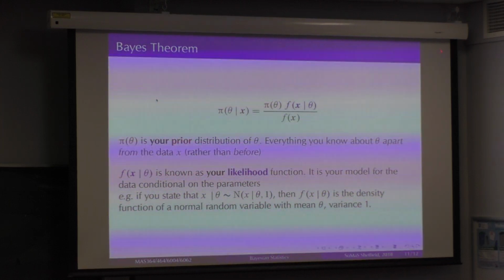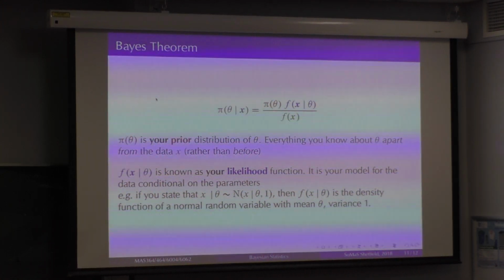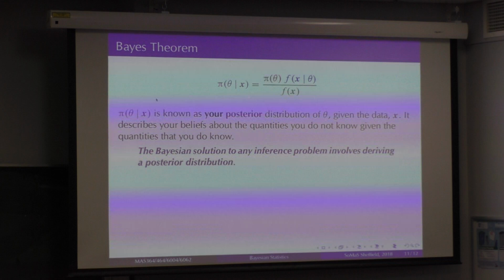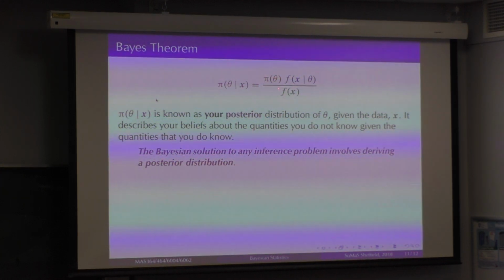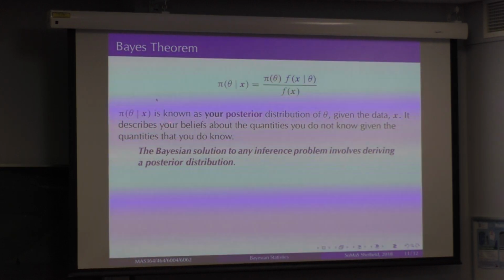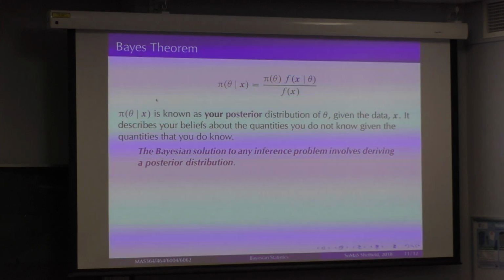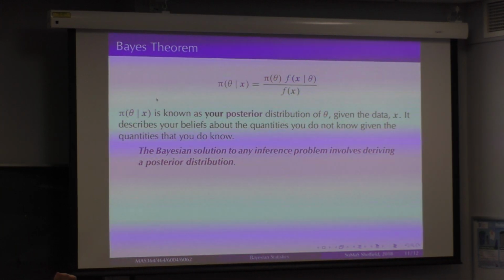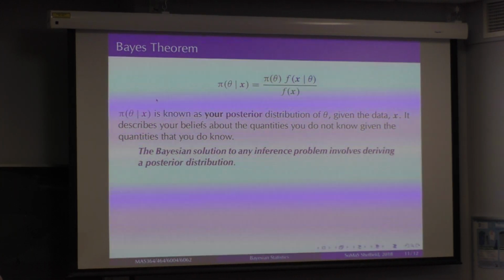This is the likelihood. This is your model. You're familiar with that. If the data is Gaussian, this is the product of n Gaussians with unknown mean and variance, whatever, right? And what you get out of multiplying these two and then dividing by f of x is the conditional distribution of theta given x, and that is called the posterior distribution. That posterior distribution combines what you know about the parameter without seeing the data, and what the data is telling you about the parameter, the likelihood, and converts that into a new distribution.